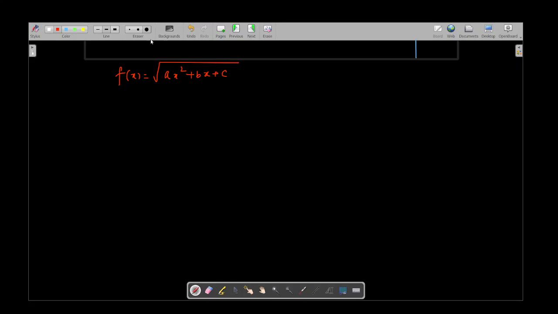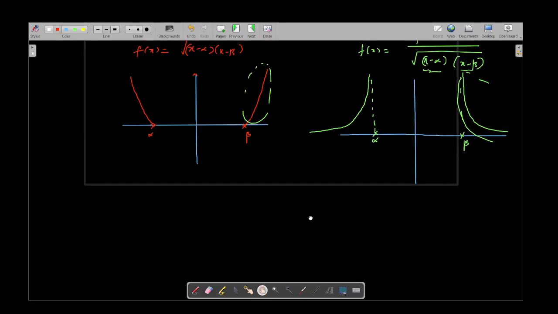Oh, before that we can see what is the domain and range of these functions. So here the domain of this function is minus infinity to alpha, alpha included, union beta to infinity, beta also included.